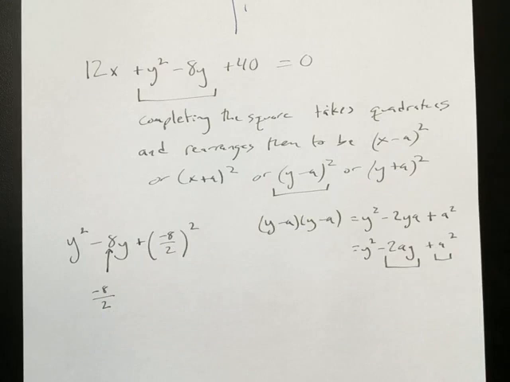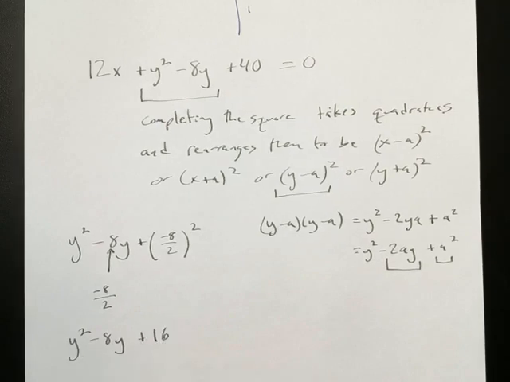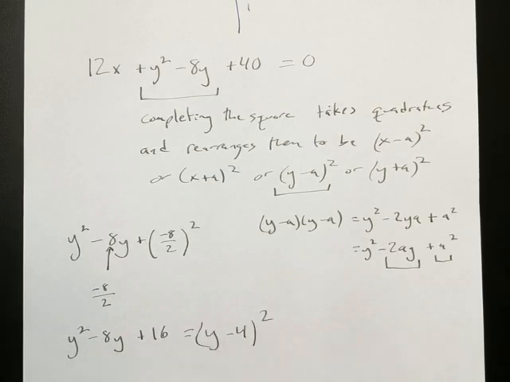Square that. 16. And that is a perfect square. It is now a complete square form. That's why this process is called completing the square.